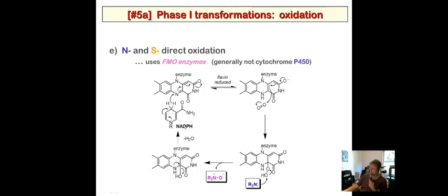NADPH, like we said, is a reducing agent, and so the nitrogen kicks in, and the alkene shifts over, and then it transfers a hydride, an H minus. H minus gets delivered to the nitrogen, and then that kicks electrons all the way through the system, all the way over to the O minus here. So there's first a reduction step due to NADPH, and then O minus swings all the way back, and then it attacks molecular dioxygen.